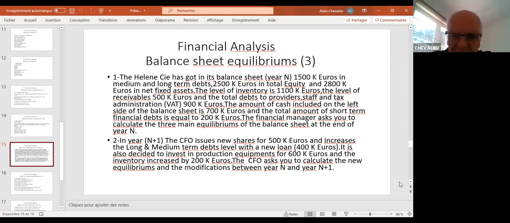And the total debts to the staff and tax administration, which is generally VAT, mostly VAT, 900k euros. The amount of cash included on the left side of the balance sheet is 700k euros, and the total amount of short-term financial debt is equal to 200k euros. The financial manager asks you to calculate the three main key ratios for the balance sheet at the end of year N.